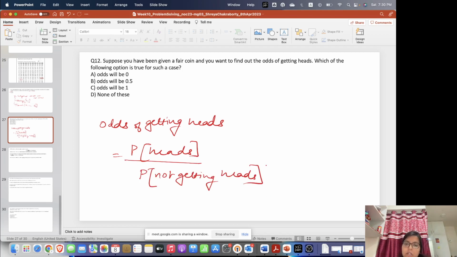So in a coin situation, this is probability of getting heads by probability of getting tails.